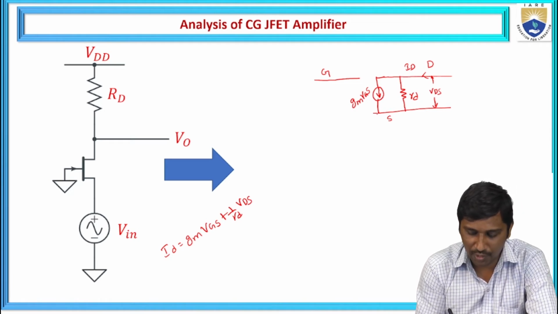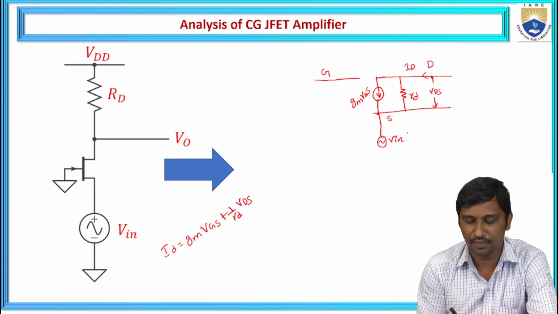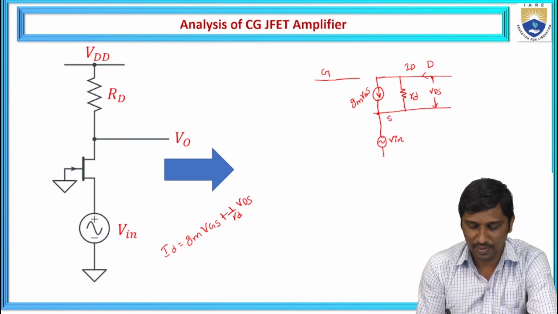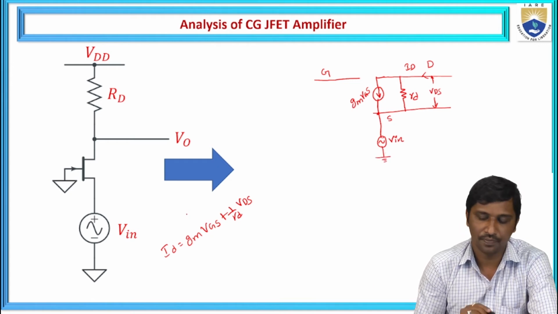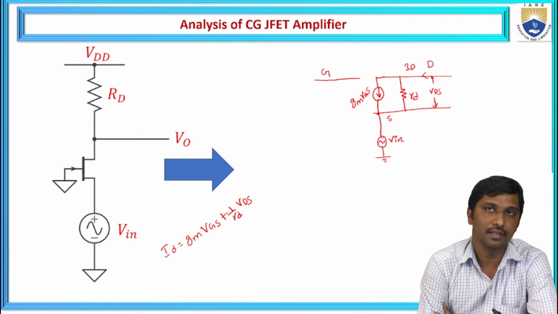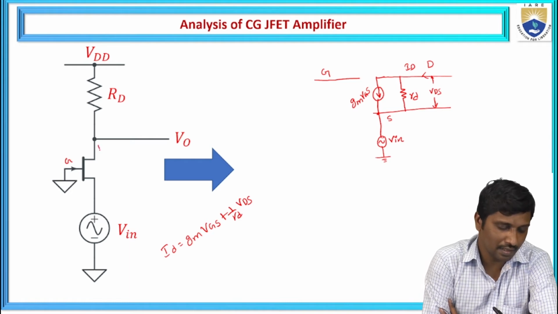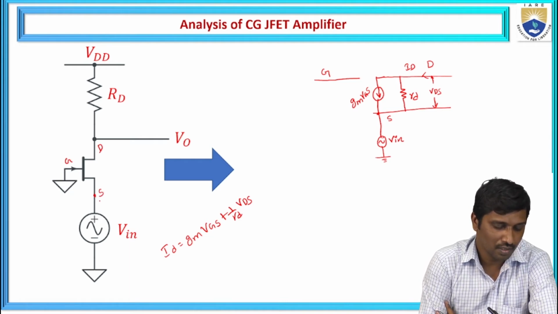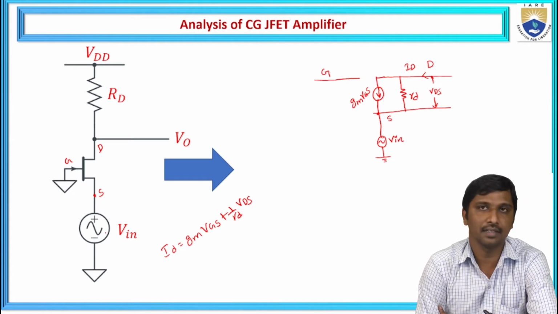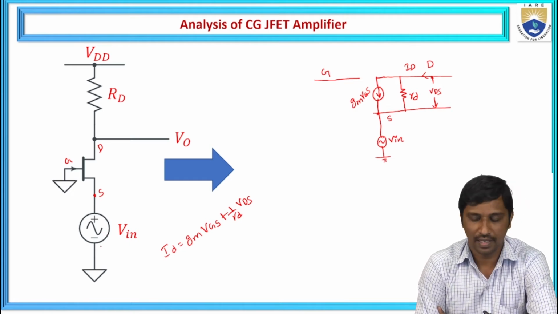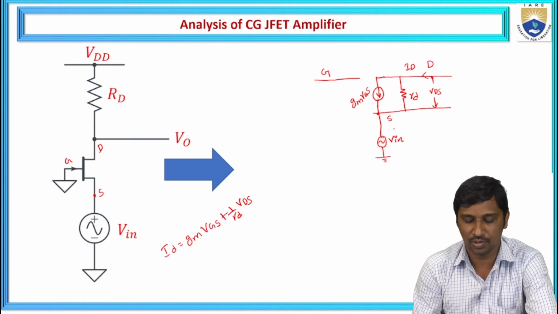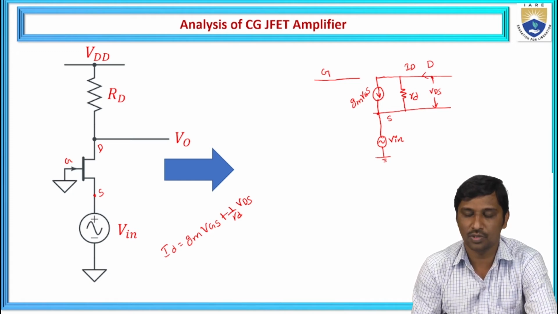Hence, I am going to apply an input signal Vin across the source, and it should be connected to ground. Let us take this as the gate, the drain, and this is the source. For the source terminal, we connected the input source. Hence, in the small signal model also, I represented the input signal across the source terminal.